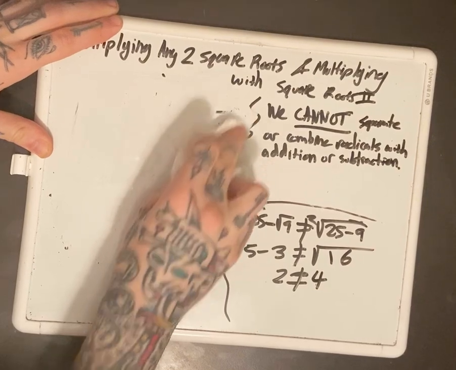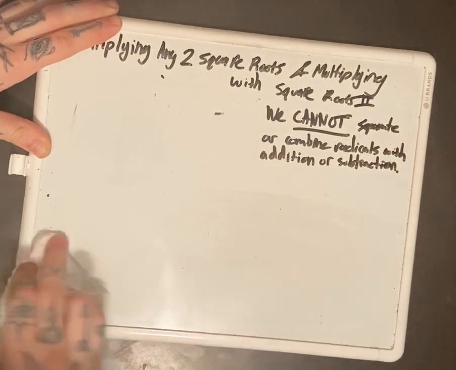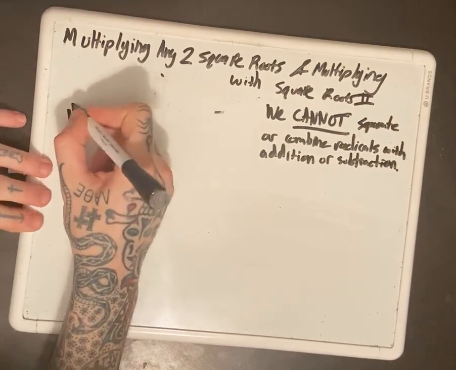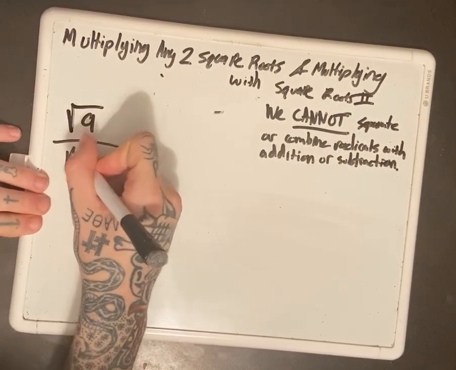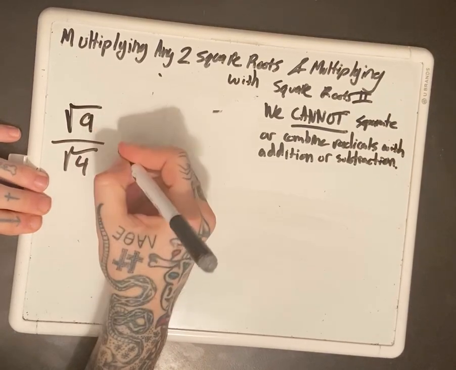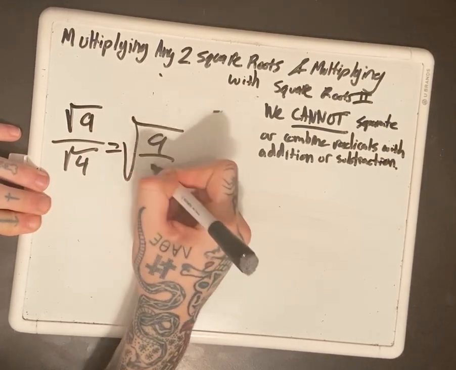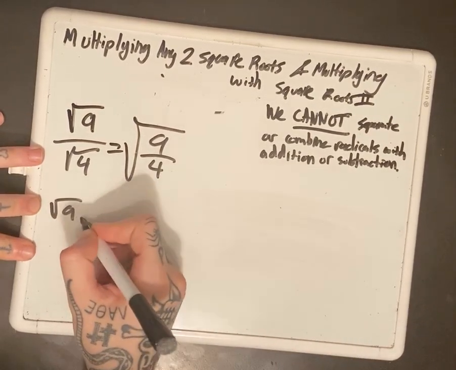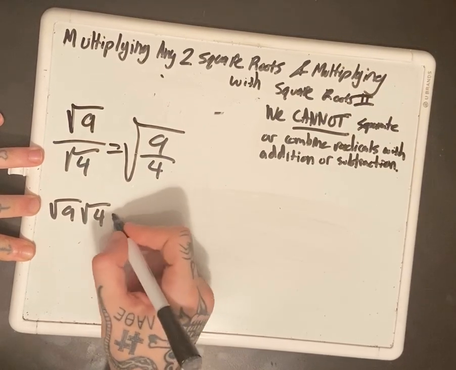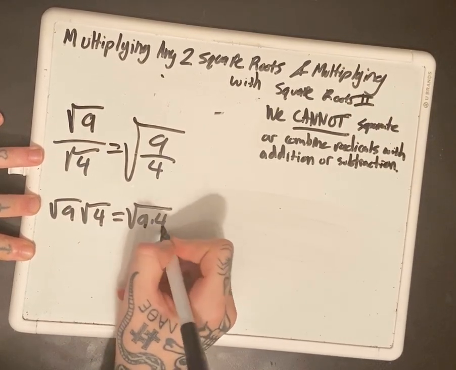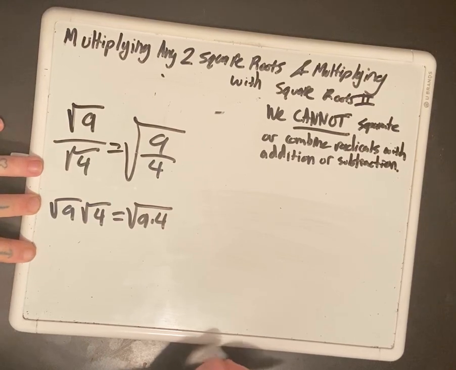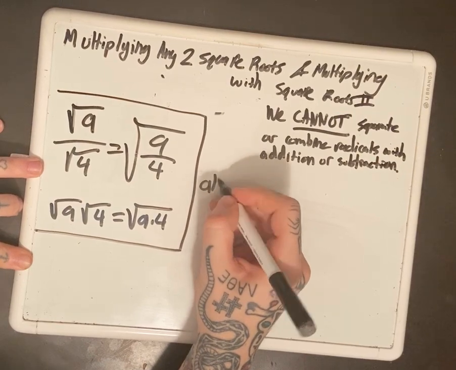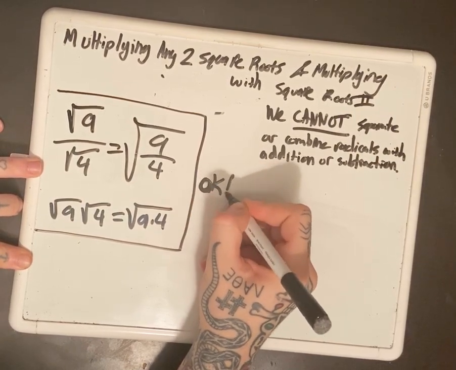and as we saw much earlier, division. Okay? So square root of 9 over the square root of 4 is equal to the square root of 9 over 4. Okay? Square root of 9 times the square root of 4 is equal to the square root of 9 times 4. Okay? So these are okay.